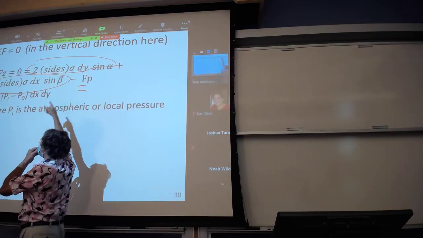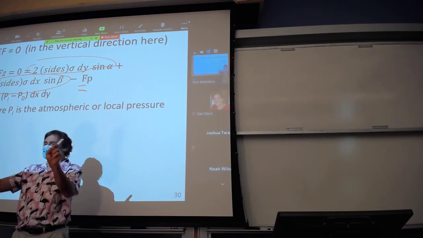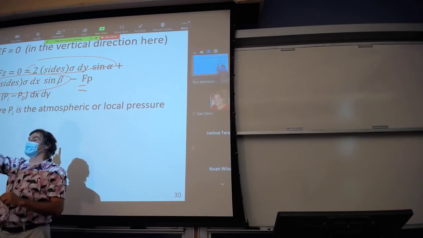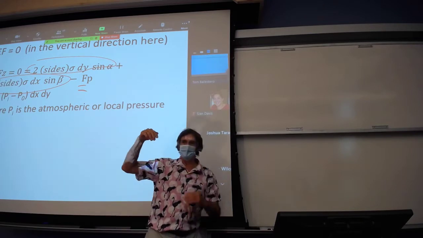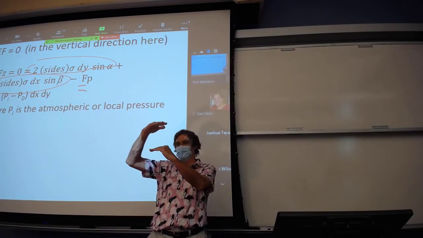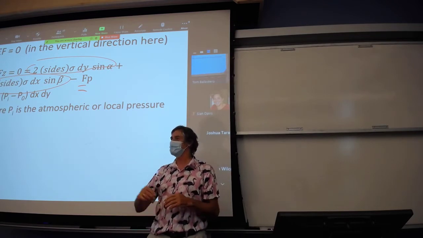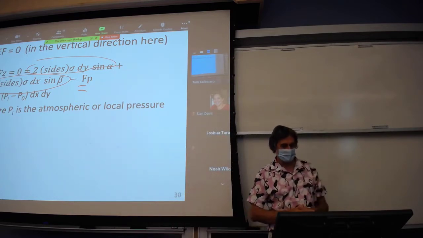You've got the two surface tension forces, again, at the edges of the coupon, for example, looking like this. And that has a z component in the positive z direction. Z is positive upwards. The difference in pressure, if we assume that the atmospheric pressure is greater than the pressure inside the fluid, you don't know that, but that's what we're going to find, would be offset by the difference in pressure acting over that area.